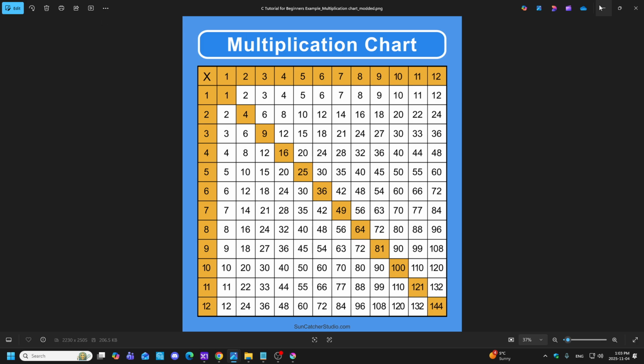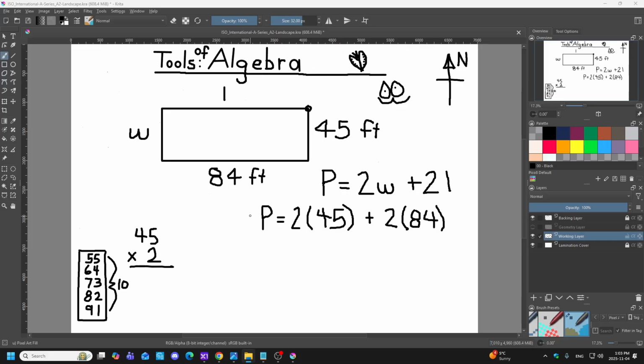Good luck. 4 times 2, correction. 5 times 2 is 10. Carry the 1. 4 times 2 is 8. Plus 1 is 9. Our first value is then 90.